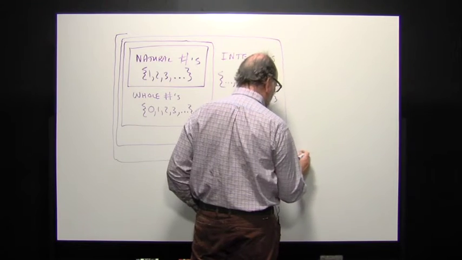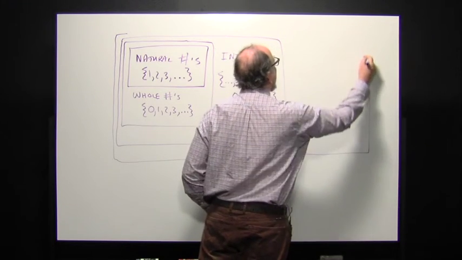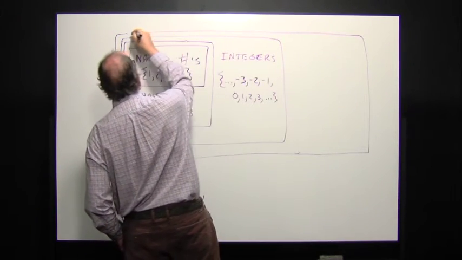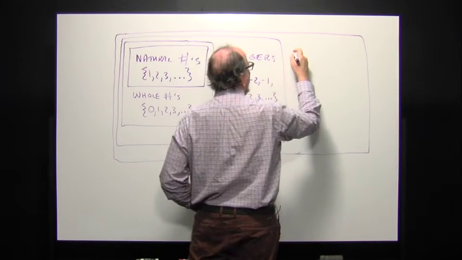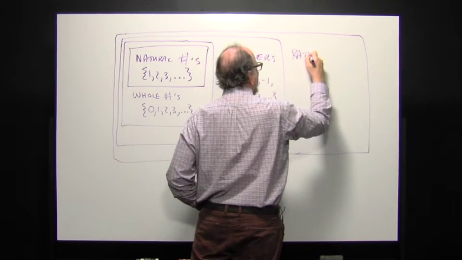Let's do it like this. And have to be described. These are called the rational numbers.